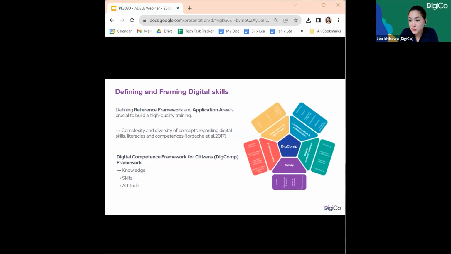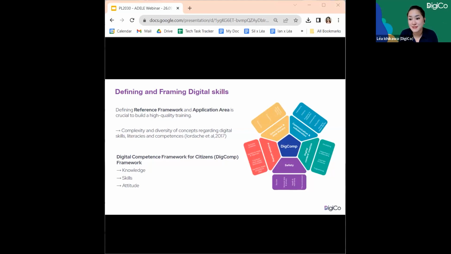What is really interesting with this framework, and I would encourage everyone to be using it and get to know about it, is that it looks at digital skills in a pretty comprehensive way, because it looks at the knowledge, skills, and also the attitudes relating to digital tools that a person can use day to day. And it also looks at 8 different levels of digital skills amongst those 5 areas.